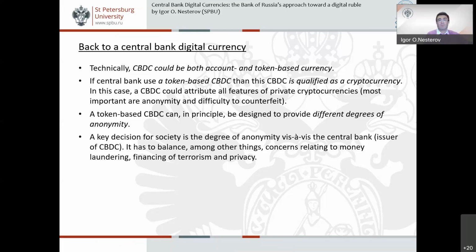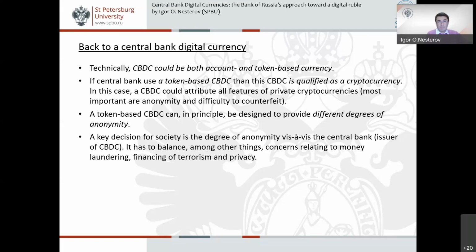I mean, in the case of token-based CBDC, this is the issue regarding the search of a balance between the anonymity of the central bank digital currency holder, on the one hand, and the concern of society relating to misuse of this form of money, namely money laundering, financing of terrorism, and using it in other unlawful financial operations.